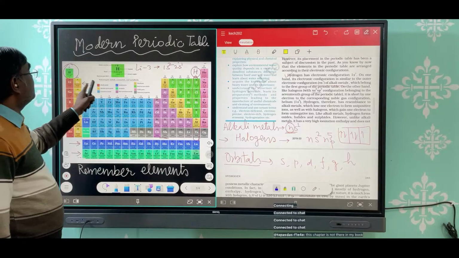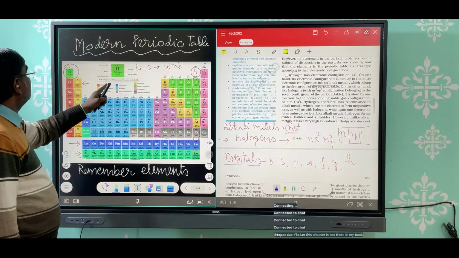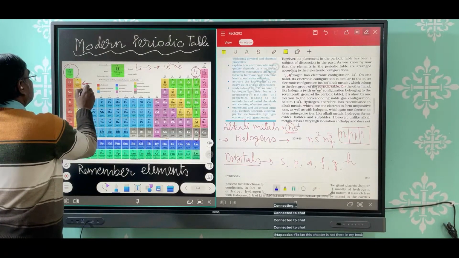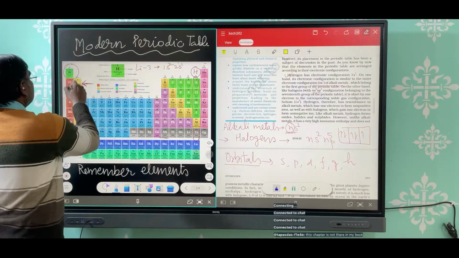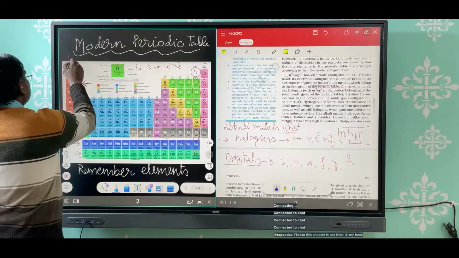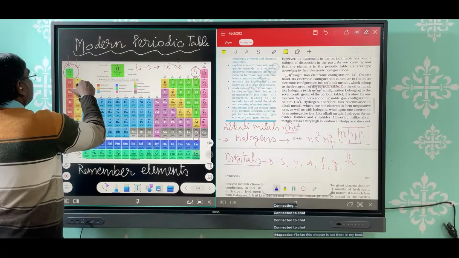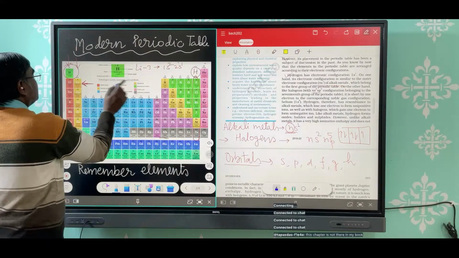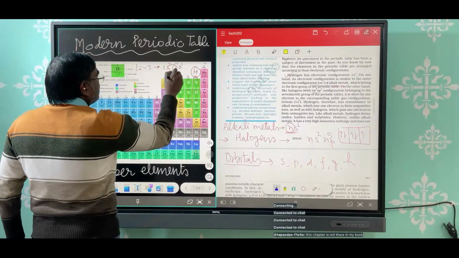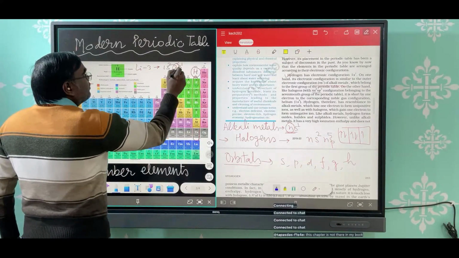A vertical column is called the group, and the horizontal row is called the period. So this is the second period, and it is in the first group.